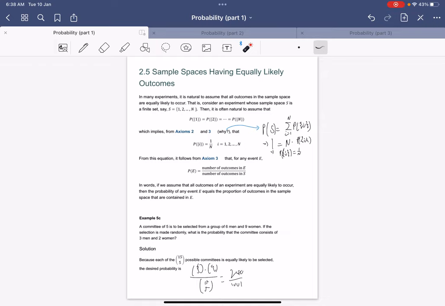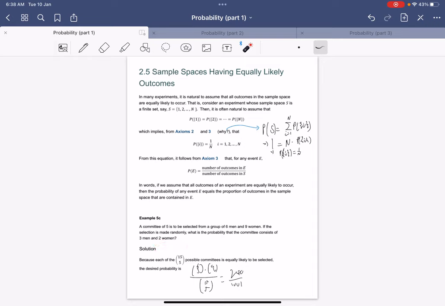Now, to strengthen our understanding, we have 2 examples for us to try out. So, let's say you have a community of 5 members. In this selection, which is random, we want to know what's the probability that the community consists of 3 men and 2 women.